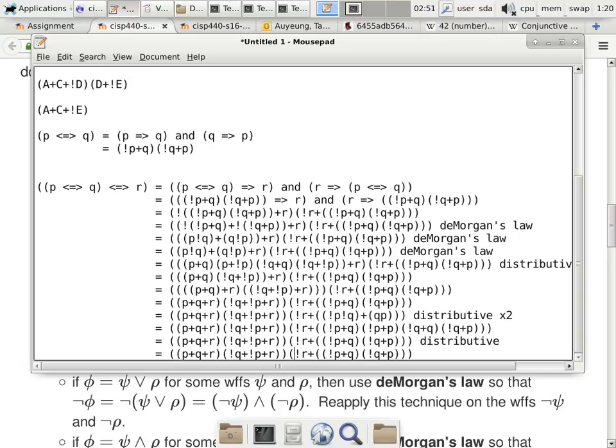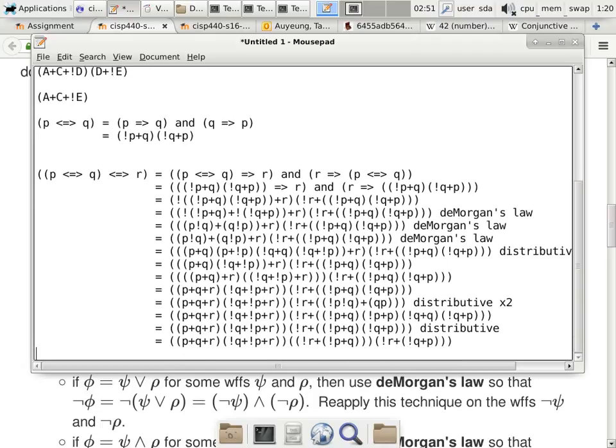We now have 2 components left, right? They will be connected by a disjunction, but each one is going to be not R or not P or Q. This one is going to be not R also, or not Q or P. In the next step, we can just eliminate the unnecessary parentheses.